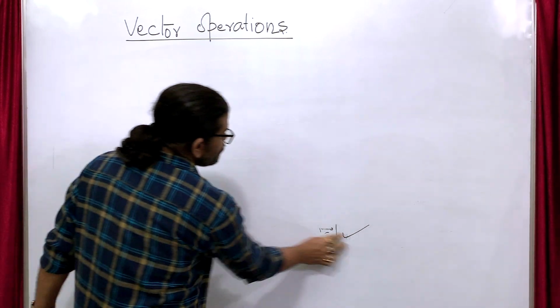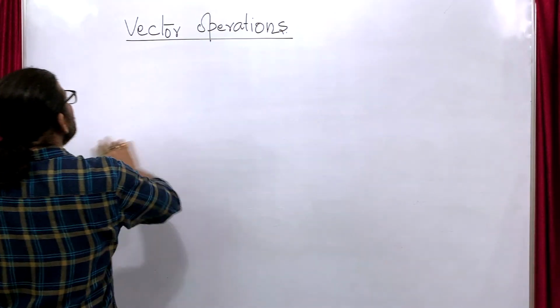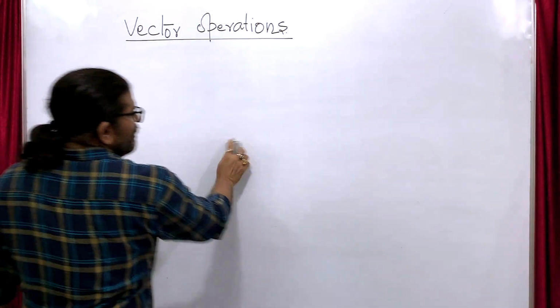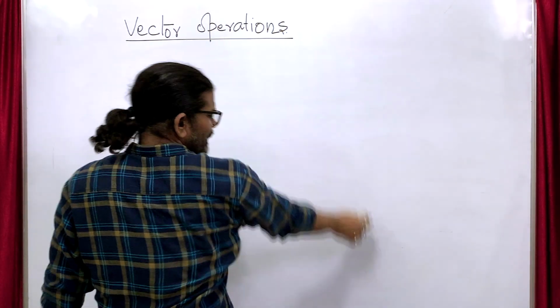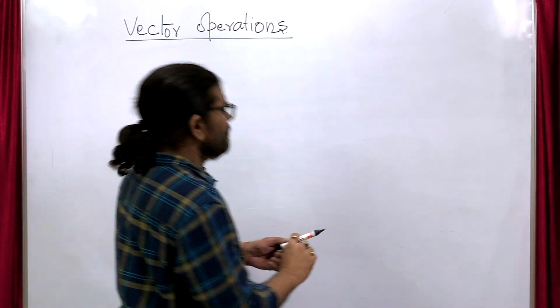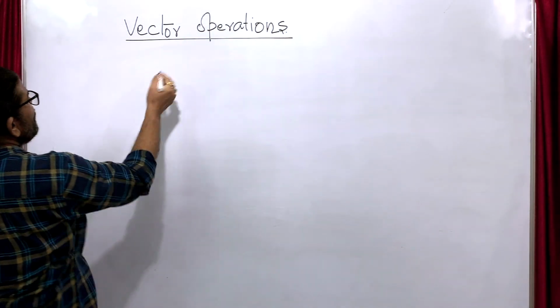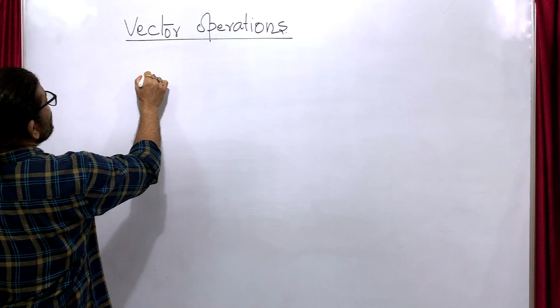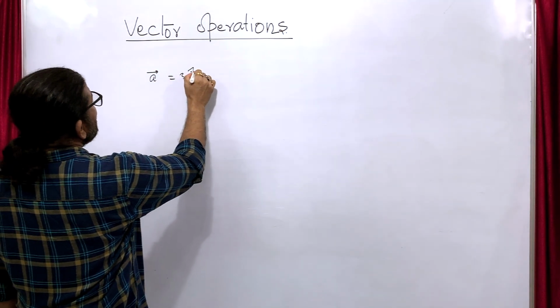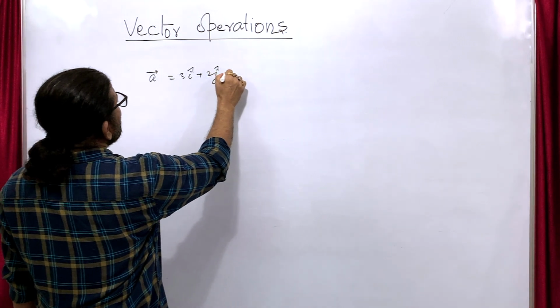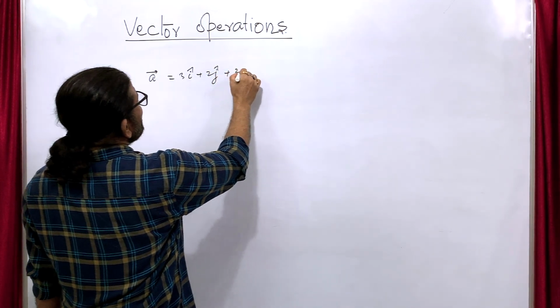Now see some problems here for simple illustration. Suppose one vector A is given as 3i plus 2j plus 3k.